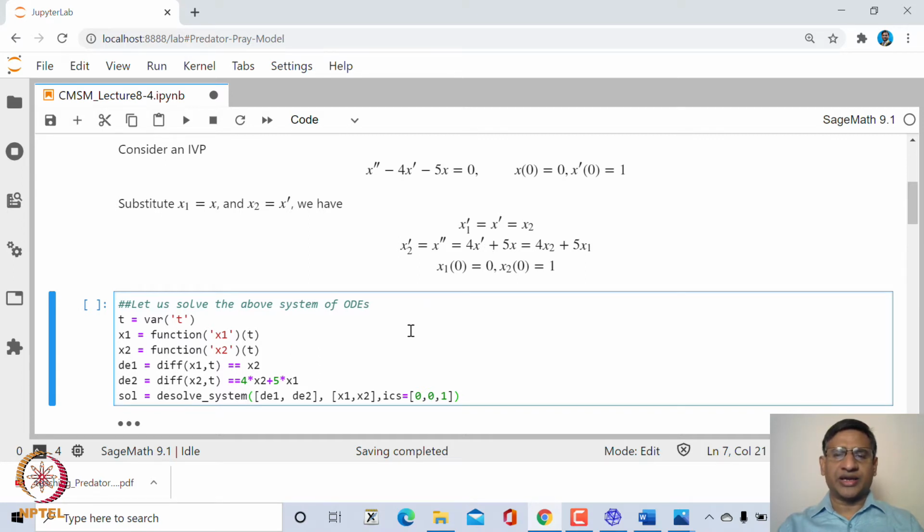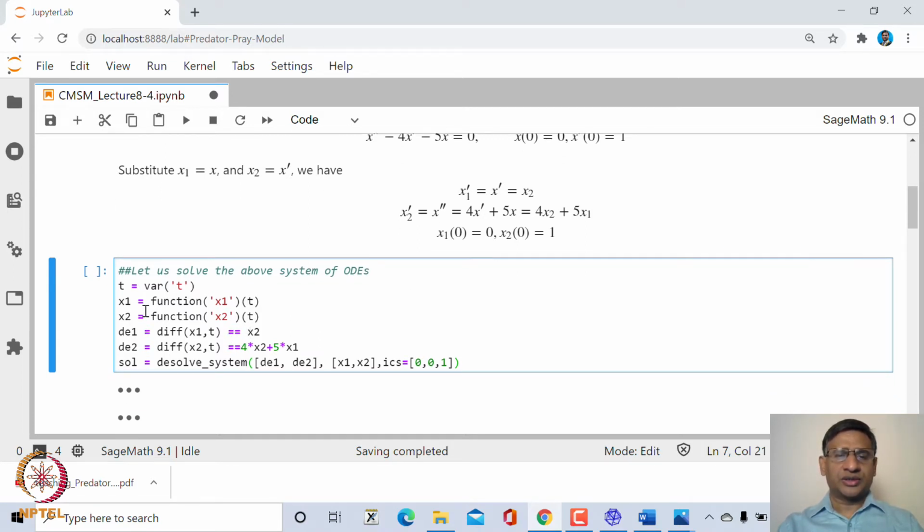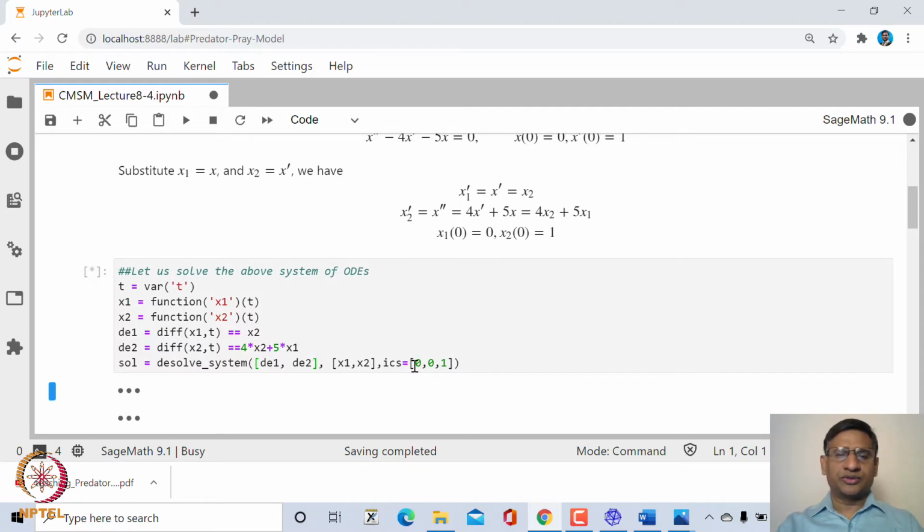So, what we are doing, we are taking t to be the variable, x1 and x2 as functions of t, define the first differential equation, that is x1 dash is equal to x2, the second differential equation which is x2 dash is equal to 4x2 plus 5x1, and then solve this. When we solve this, you can see here the x is nothing but x1.